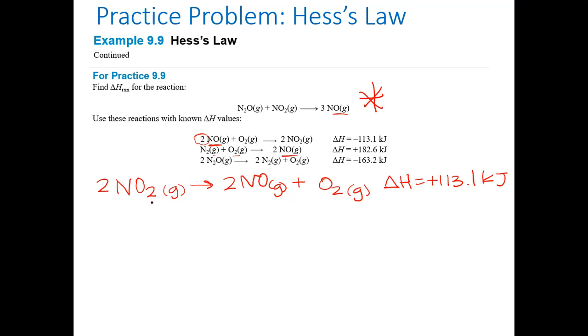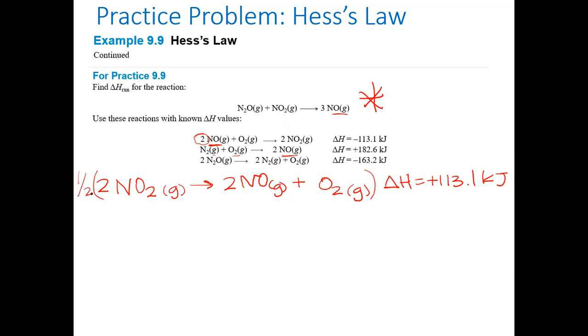NO2 is going to be there, but we only want one. It looks like we should have this first one. I really love when we're dealing with fractions. Why did they do this? All right, so I actually need to half this.